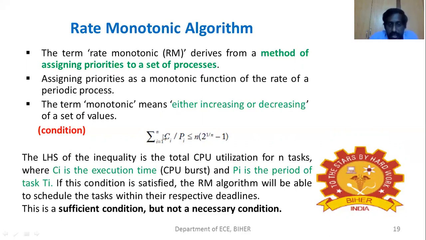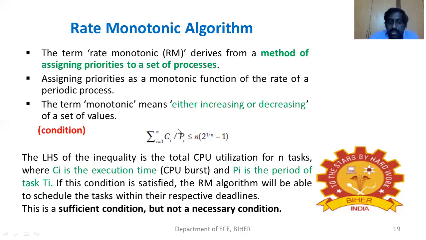You can see here the left hand side of the inequality is related to the total CPU utilization for n tasks. Ci is the execution time, also known as CPU burst, and Pi is the period of the task.